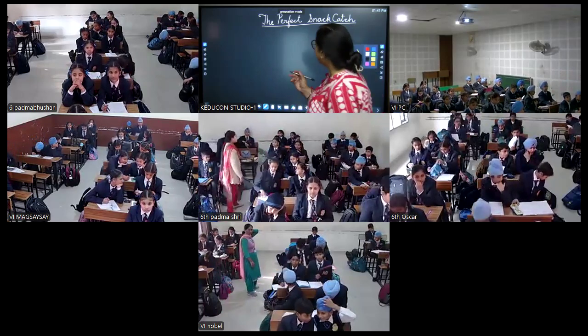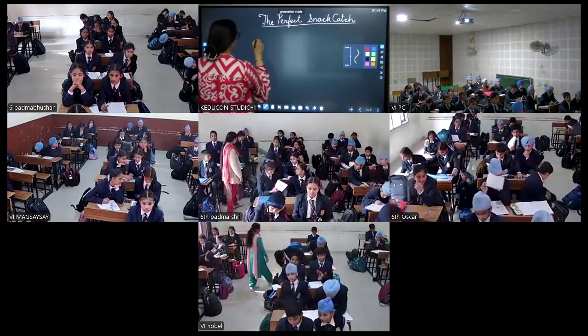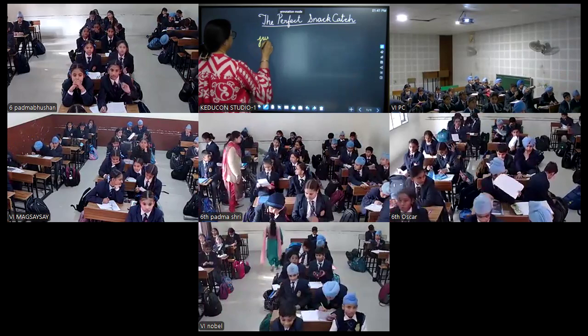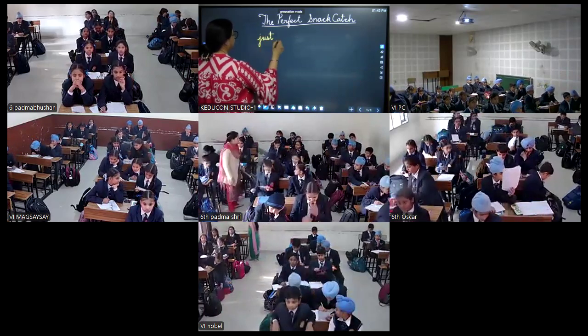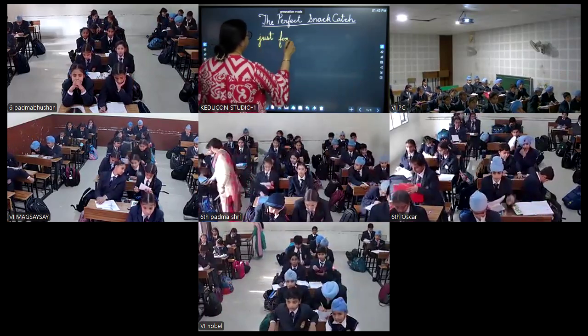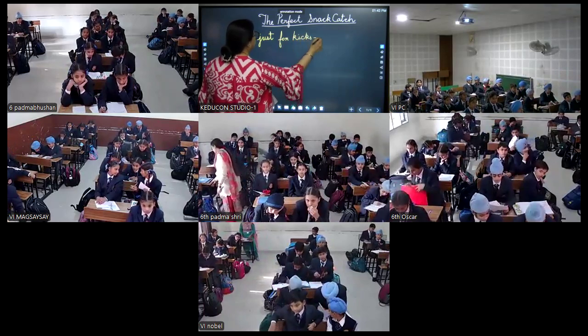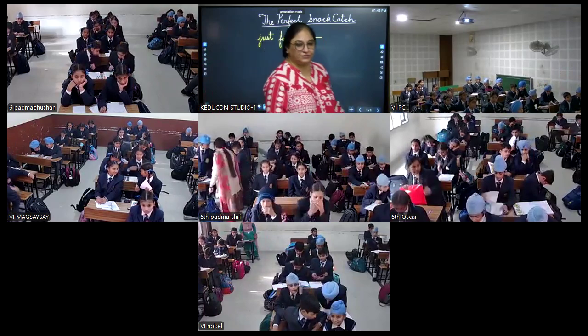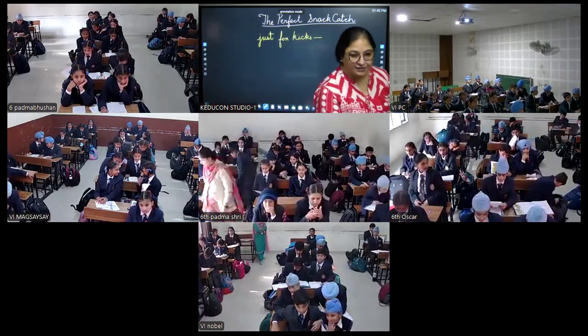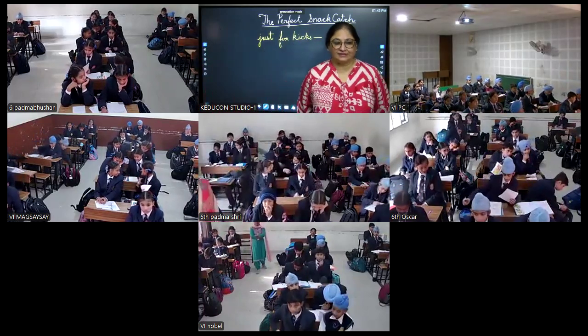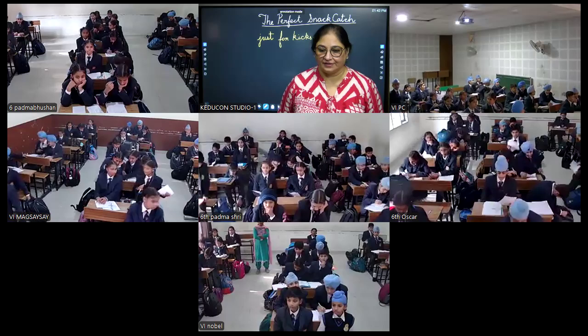I'll just write down the first one. Just for kids. Okay. So read it out and then tell me what it means. Write down the answer and tell me what it means.